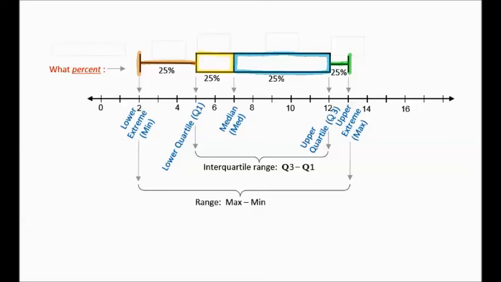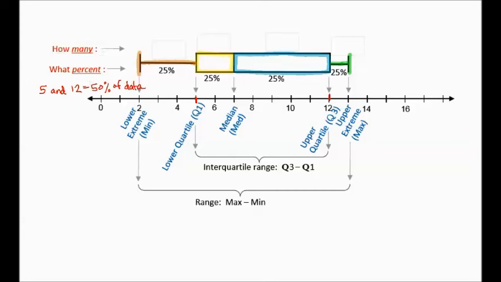So if they ask you what percent of the data lies between values of, say, 5 and 12, you would look for the 5 right here. You would look for the 12 right here, and you see that that includes 2 sections of the drawing, so that would be 2 of those 25%, so that would be 50% of the data between these two numbers.